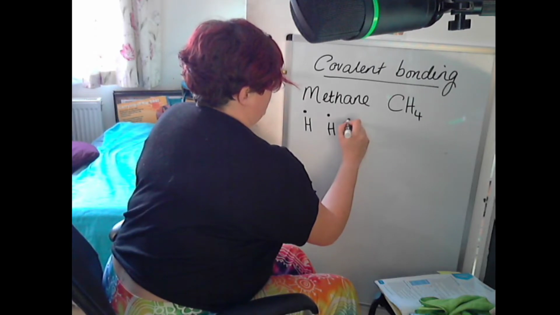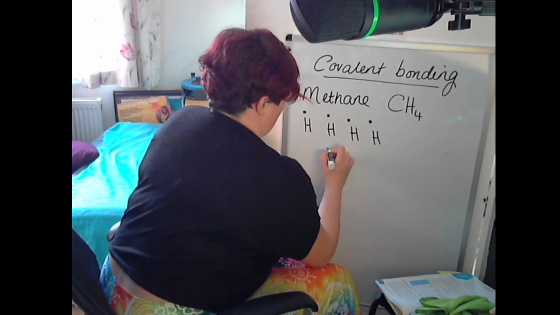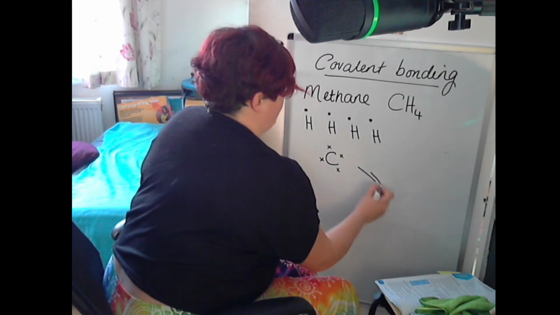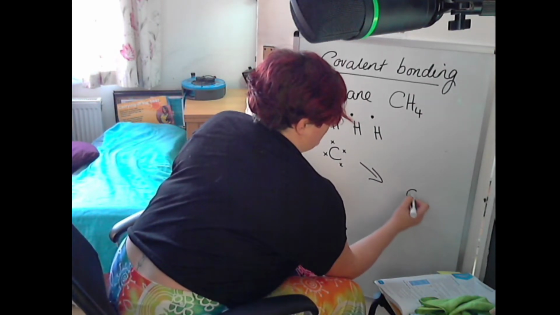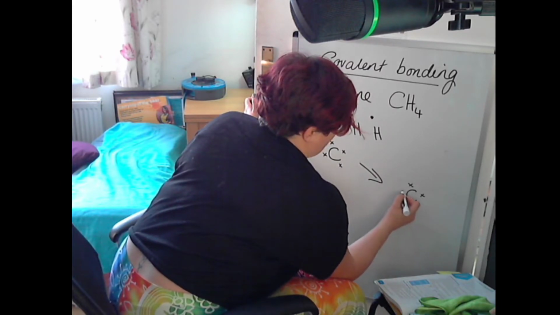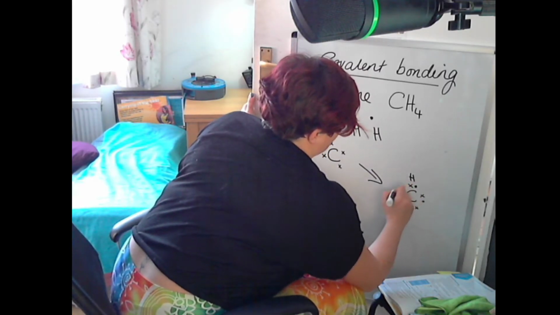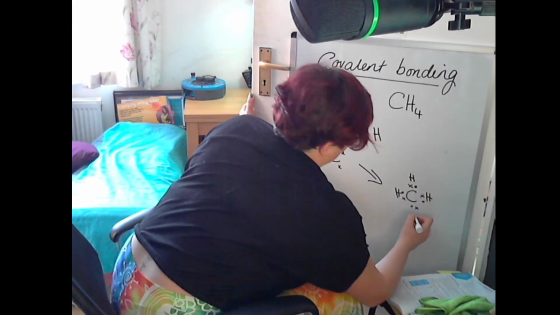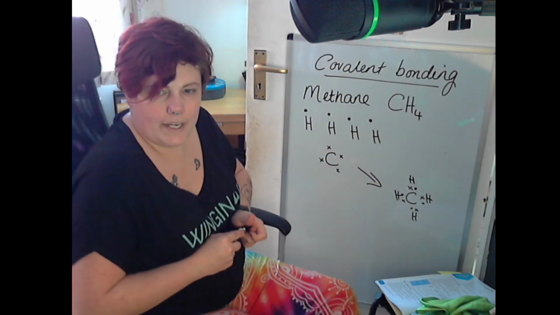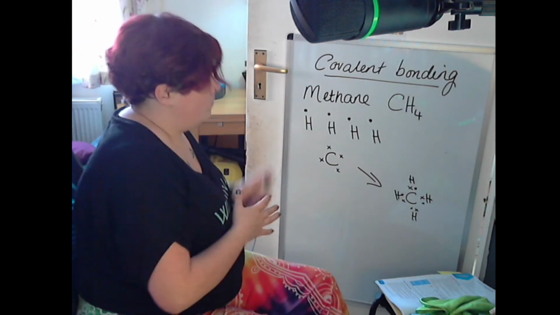You have 4 of those, and you've got carbon, and you put the crosses round it. Then for carbon, you just put the dots in, and you write the hydrogens like that. Okay, it's an alternative way of showing it rather than having to draw the circles out the whole time.